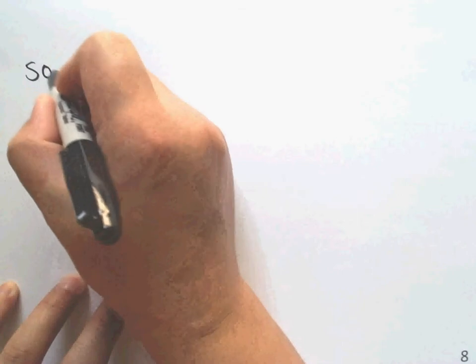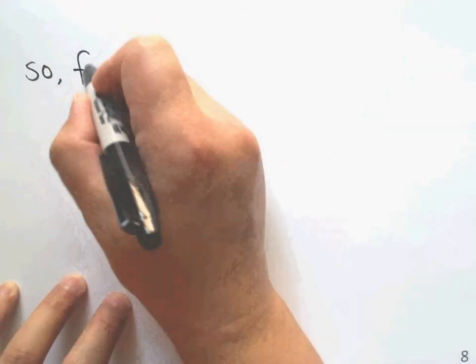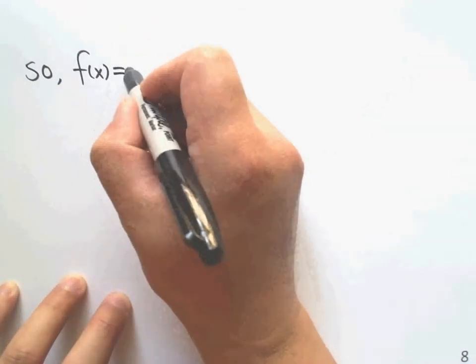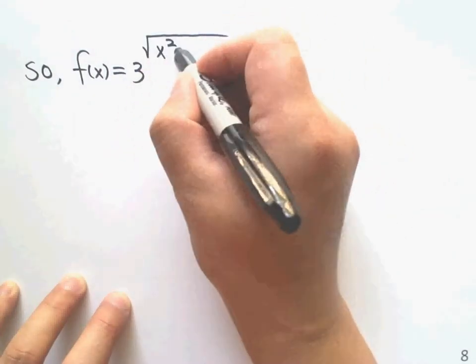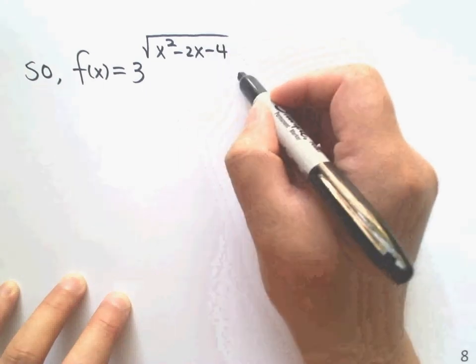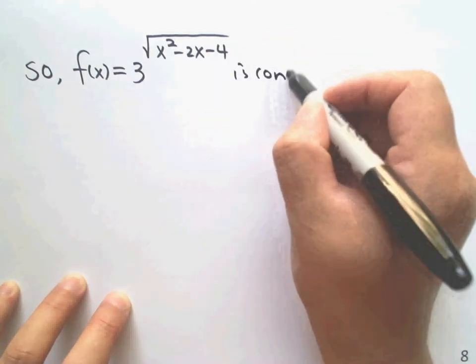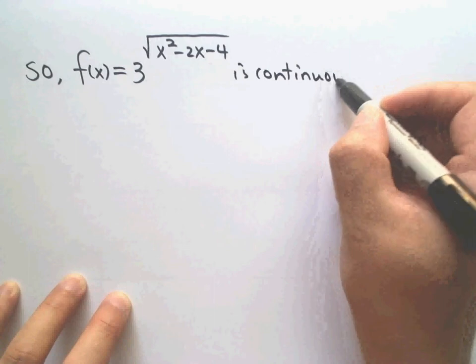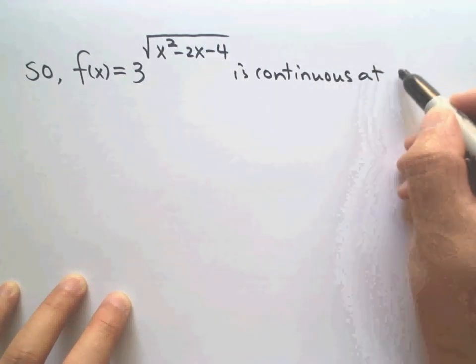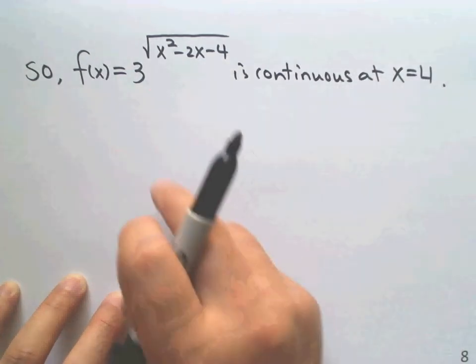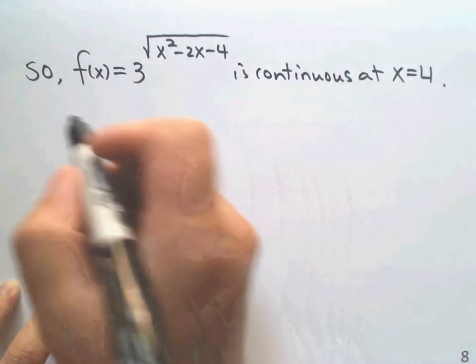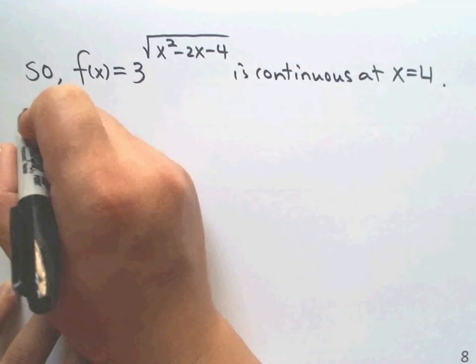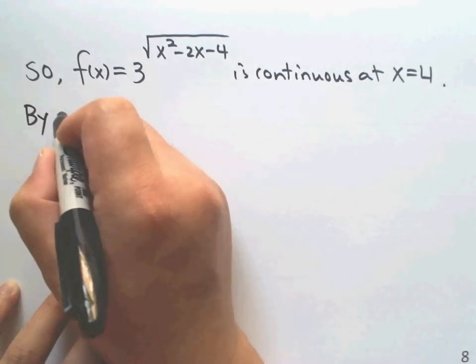So now what do we do? Directly substitute. I wrote one more step. The function x squared minus 2x minus 4 is continuous at x equals 4, because the function is continuous on the domain. 4 is on the domain, so this is continuous.